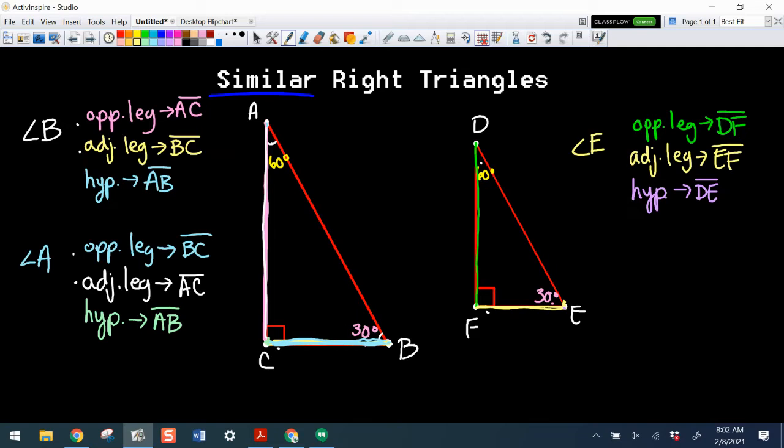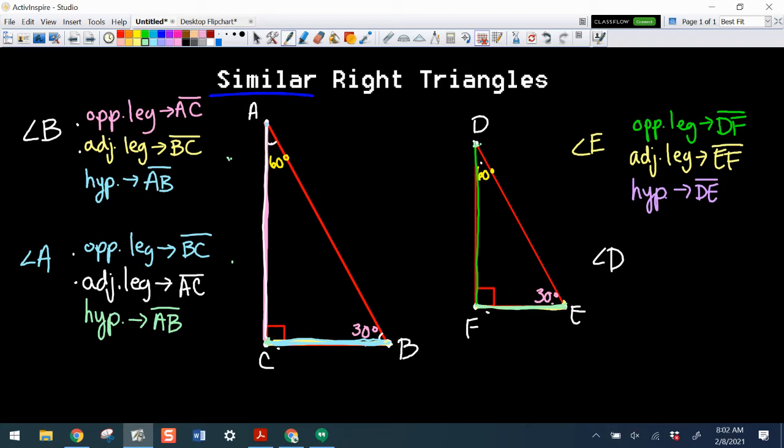Now let's look at the indicated angle as angle D, and we'll bring all this information to a conclusion here. In reference to angle D, the opposite leg to angle D is actually side EF. Again, just like in the previous statements, the opposite leg and the adjacent leg switch depending on which angle you're looking at.